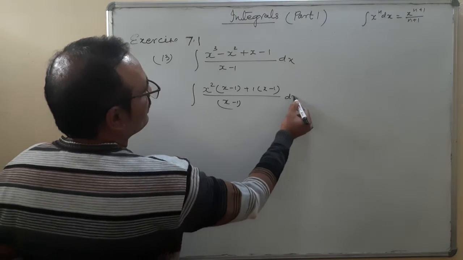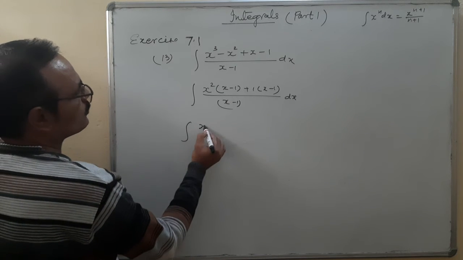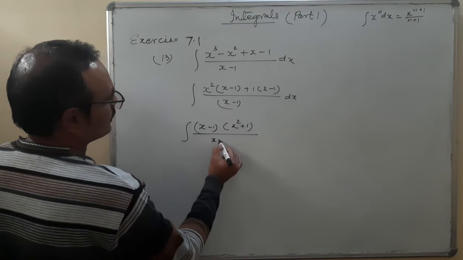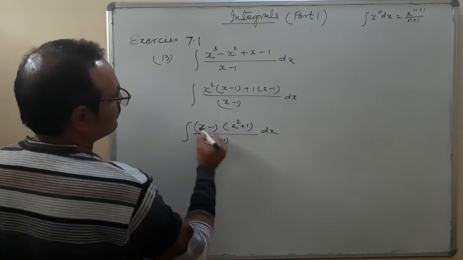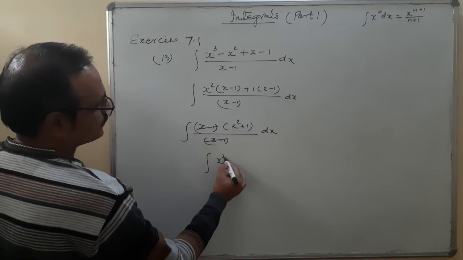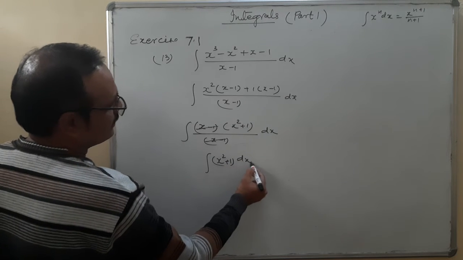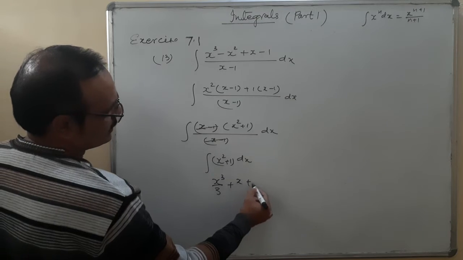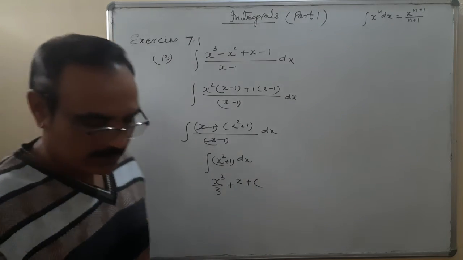Next term, x minus 1 common: x square plus 1 upon x minus 1. One term cancels, x square plus 1 dx. Integration of this is x cube upon 3 plus x plus c.